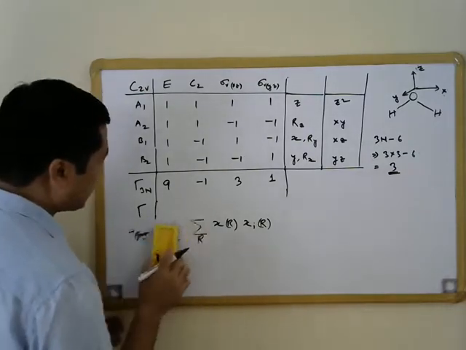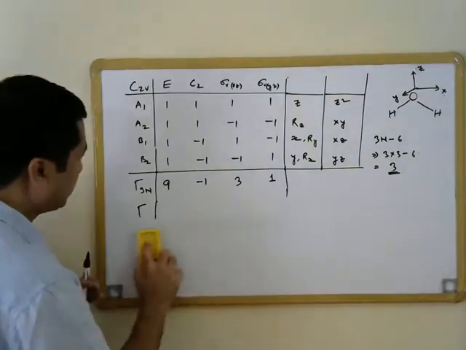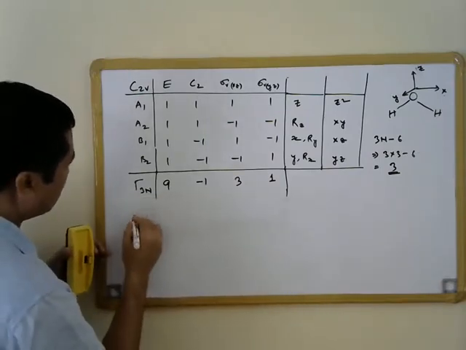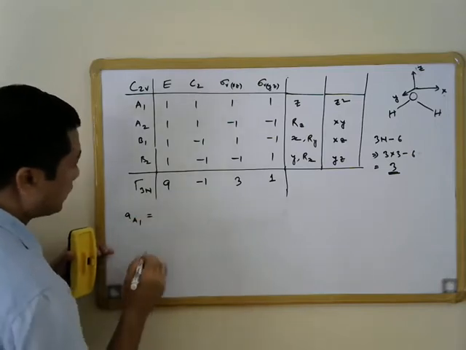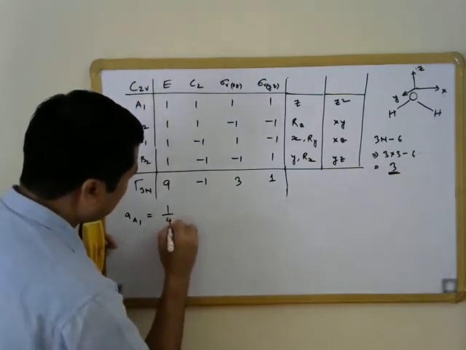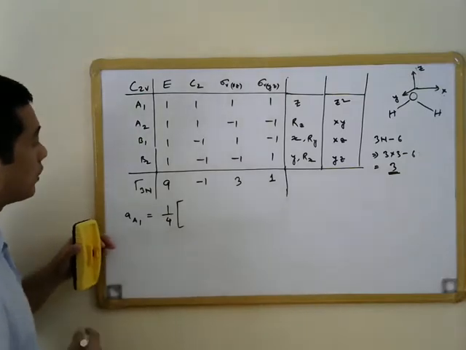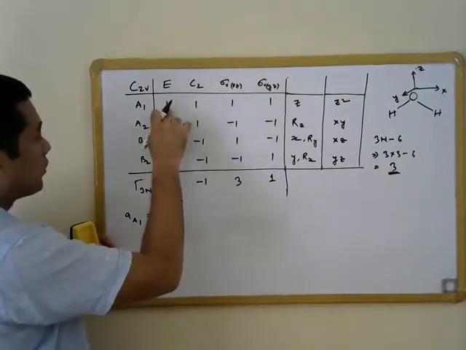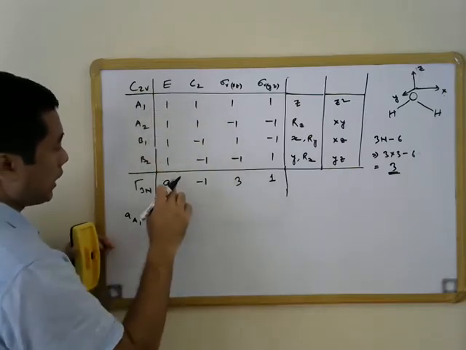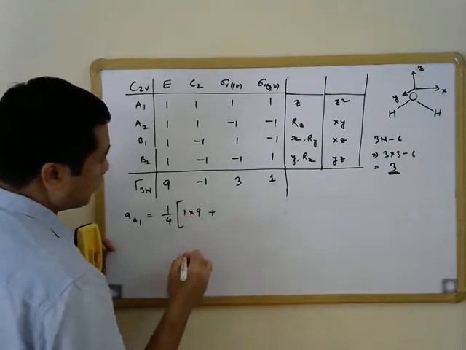So if we do this exercise and find out how many times A1 appears in gamma 3n, we have 1 by h equal to 1 by 4 here, because there are 4 symmetry operations. The order of the group, that is the C2v point group, is equal to 4. Then we take the character of the identity operation in the irreducible representation as well as in the reducible representation, and we multiply these two.